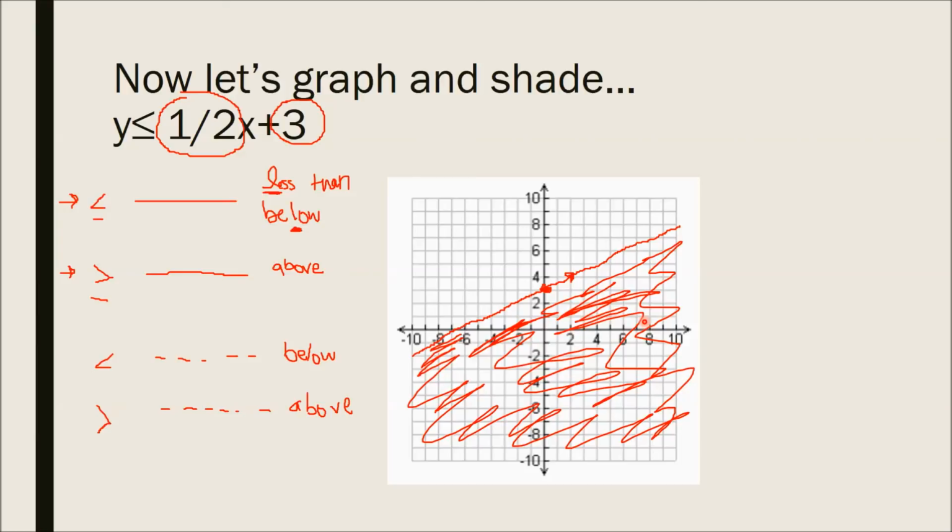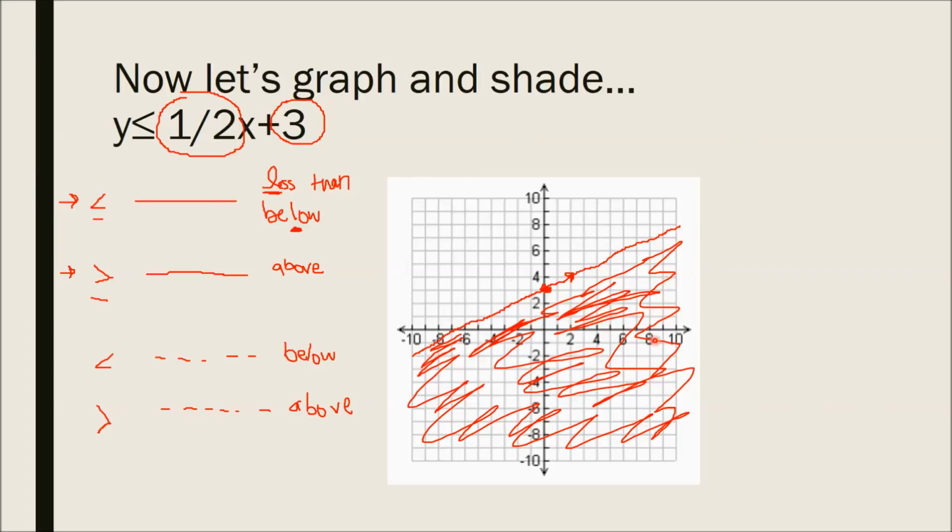If I pick anything outside, like maybe up here, let's see, -5, 8, it is not going to work. I plug it in, -5 for x, 8 for y, and I would get a statement that is not true. So that's why we shade with inequalities. It gives us a region or an area of the graph that is going to solve that equation.